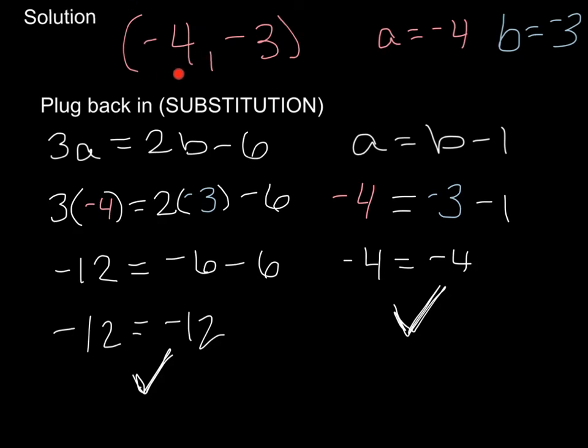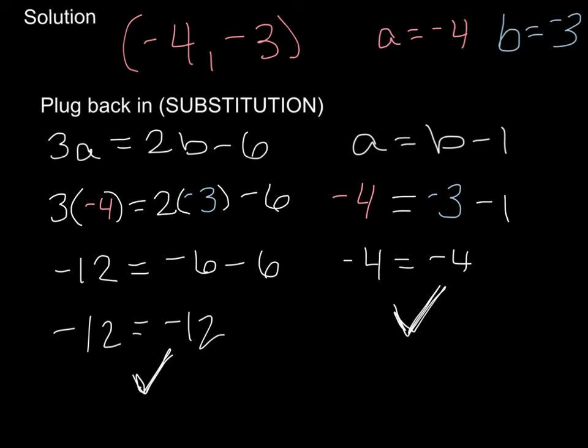The first value is going to be your independent variable, second value dependent. In our case, we named the independent variable a and the dependent b. So -4 and -3 is a different representation. We call it notation, a different notation of this answer.